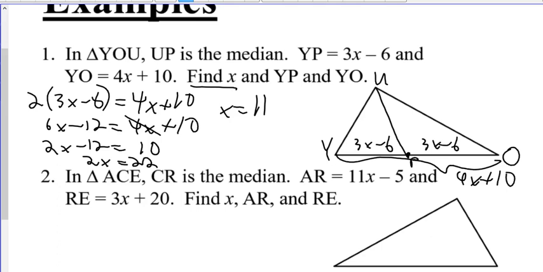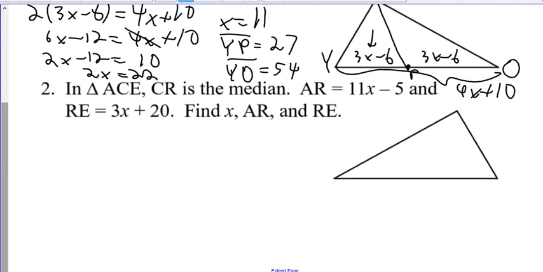So if I plug 11 in right here, YP is 3 times 11, which is 33, minus 6 is 27. Now YO is the entire thing, so I need to double that 27 to get 54.